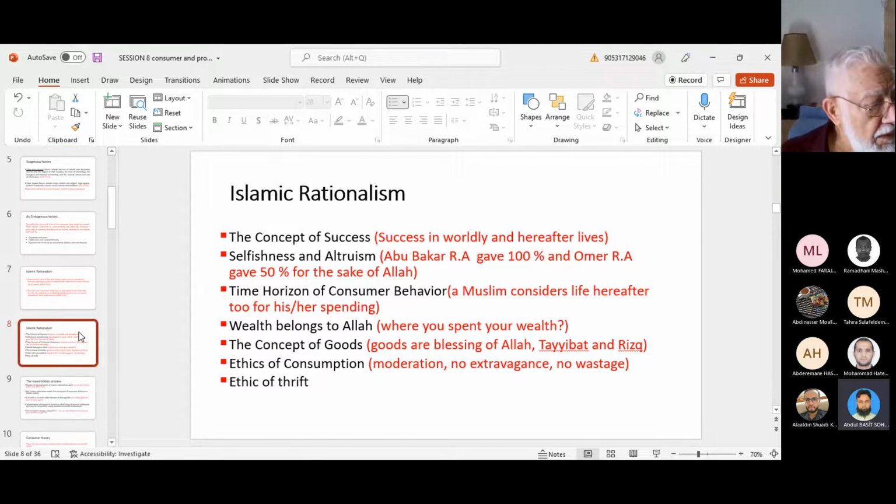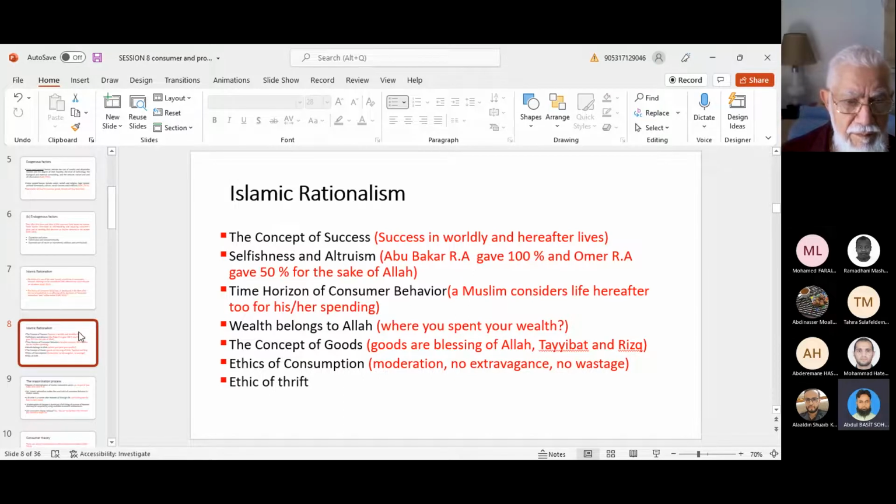The Muslim consumer's concept of success lies both in this world and the hereafter. The Muslim consumer considers the life of this world and the life of akhirah.